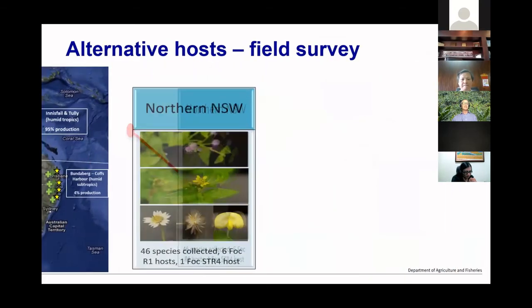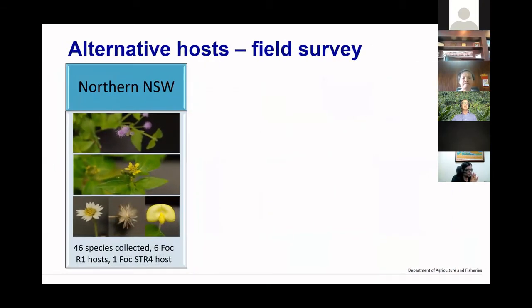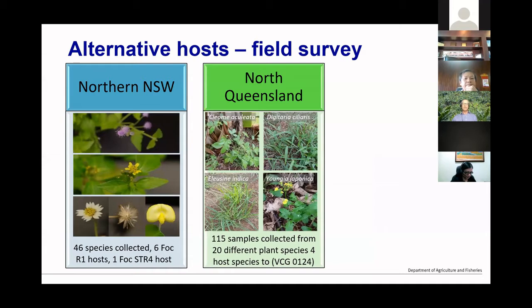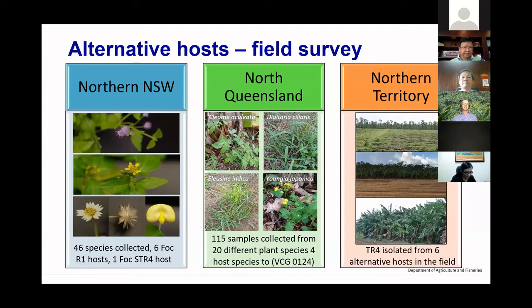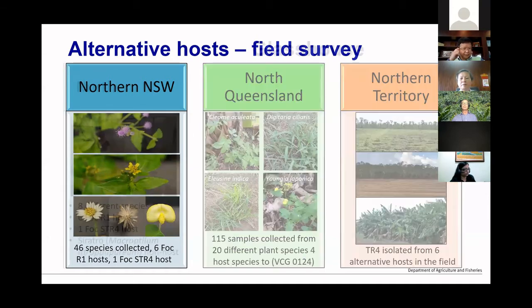The survey in the subtropics collected 46 species and found race 1 on 6 of them and subtropical race 4 on 1. In the survey in the humid tropics, 115 samples were collected from 20 different plant species, with race 1 recovered from 4 species. In the Northern Territory, TR4 was recovered from 6 alternative hosts by Charles Mintoff and his team up there.